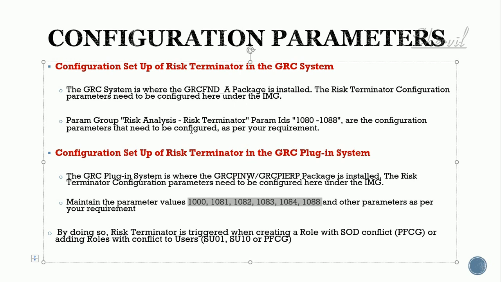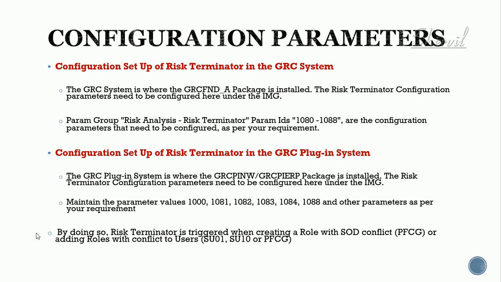You need to set them up in both the plugin system and the GRC system. When you do that, Risk Terminator is triggered when creating a role with SOD conflicts or adding roles with conflicts to users. We'll see with a demo how Risk Terminator works.